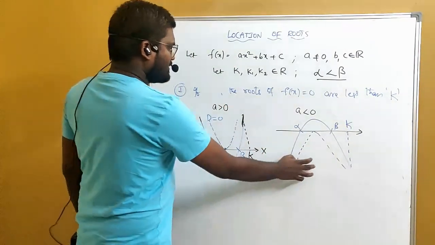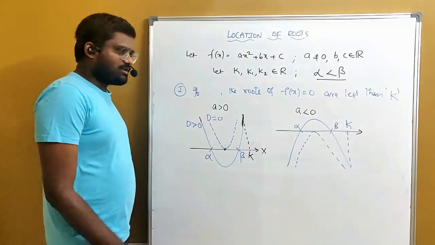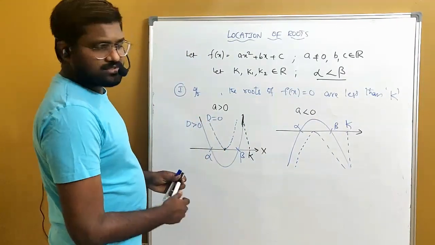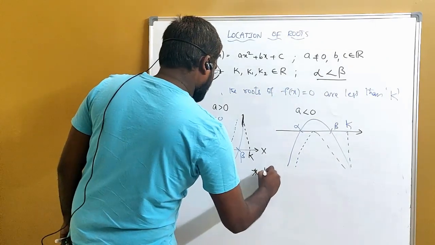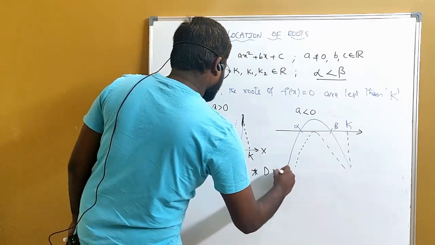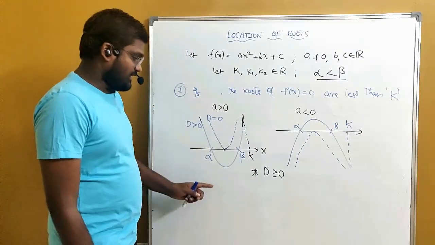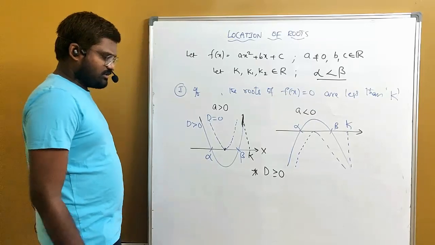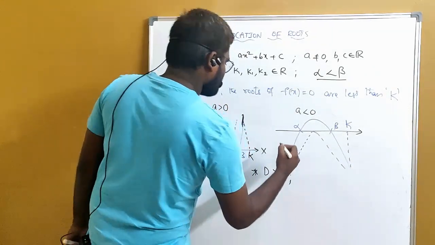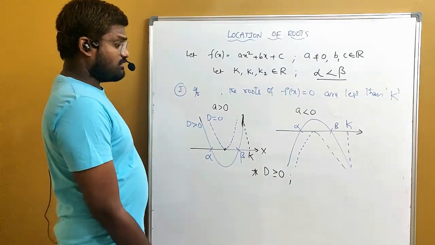Now by looking at these two graphs, what are the restrictions on these roots? Obviously the first restriction will be discriminant greater than or equal to 0, because I said roots can be equal also. That is one restriction. And what is another restriction that you can think of?